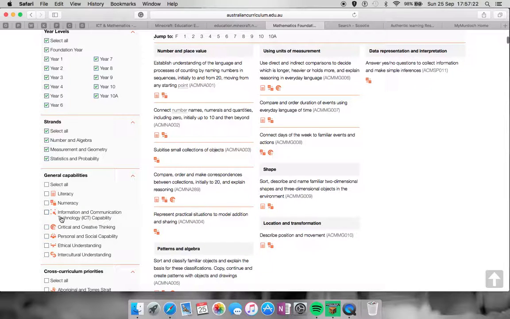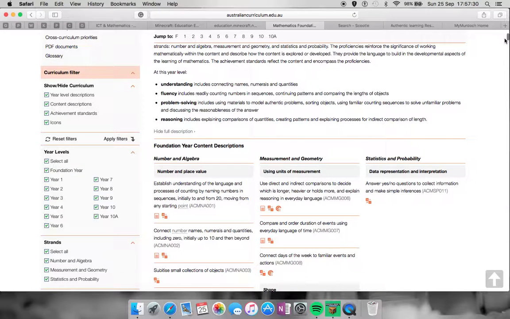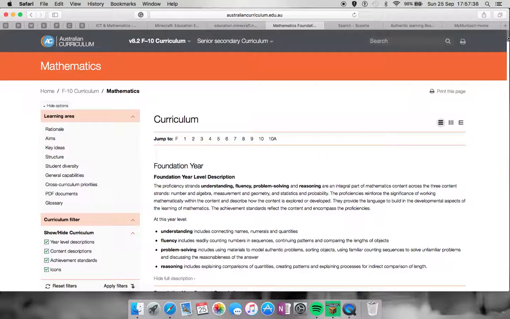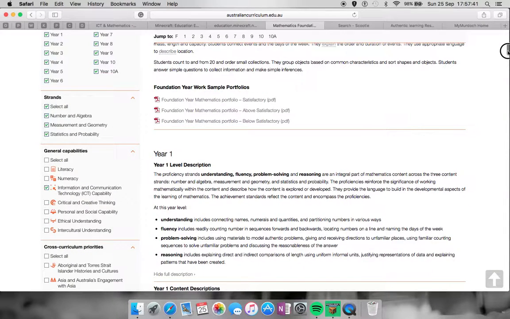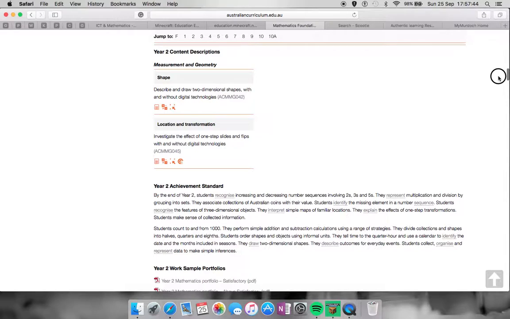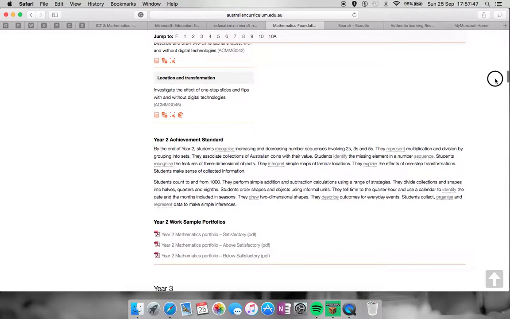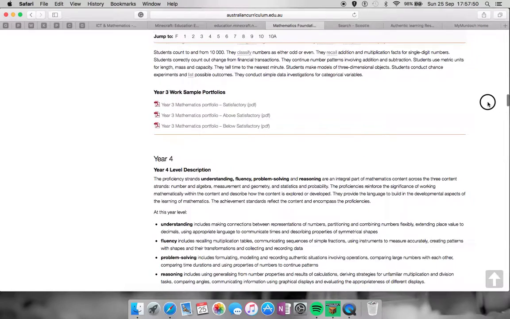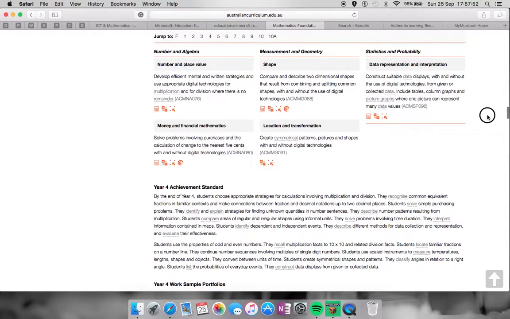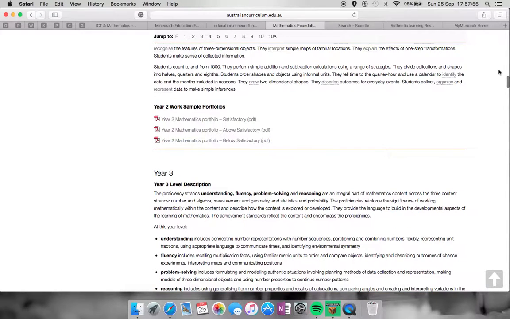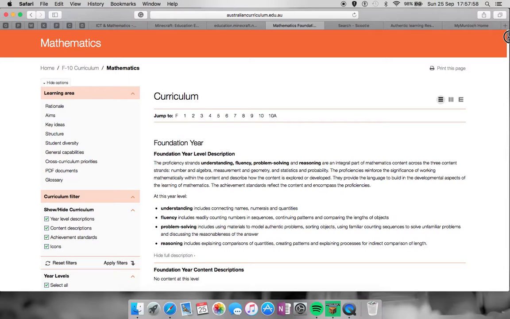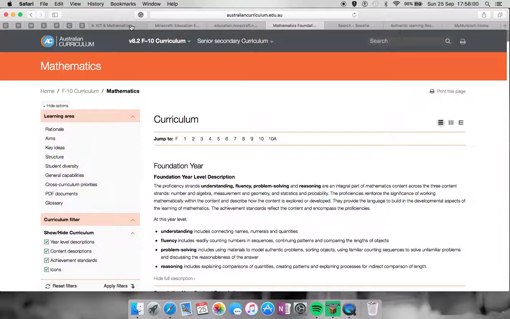If we turn off select all, turn on information technology, apply that filter, scroll down. The first year that we see a specific mention of ICT is Year 2, and it carries on a lot, as you can see, throughout the years. So we go back to my webpage.